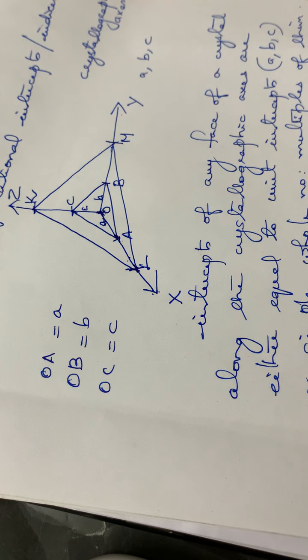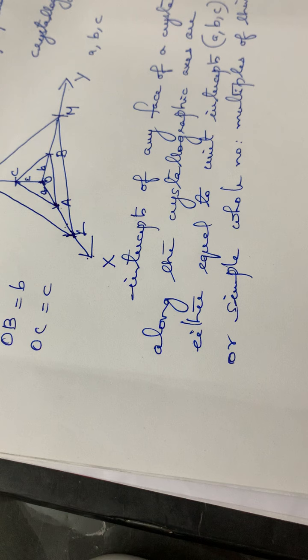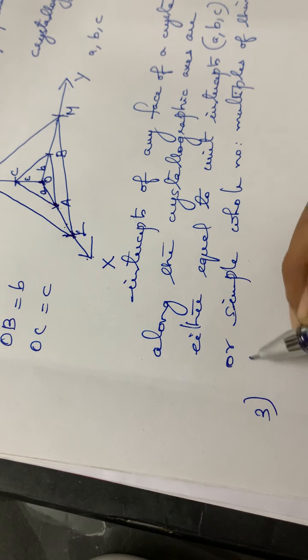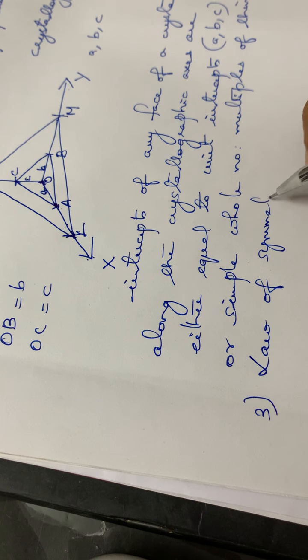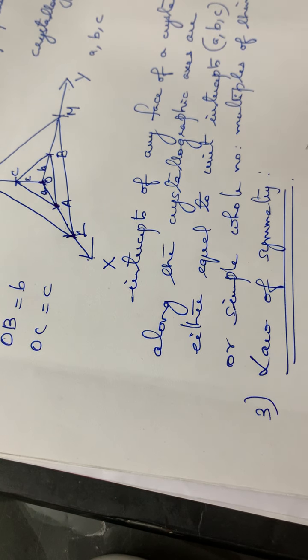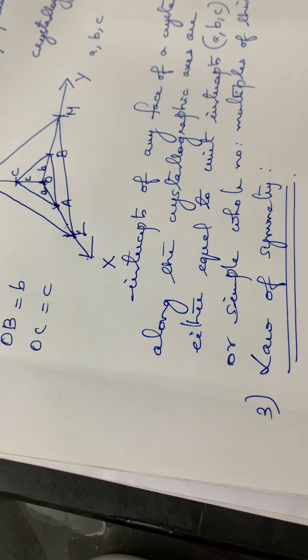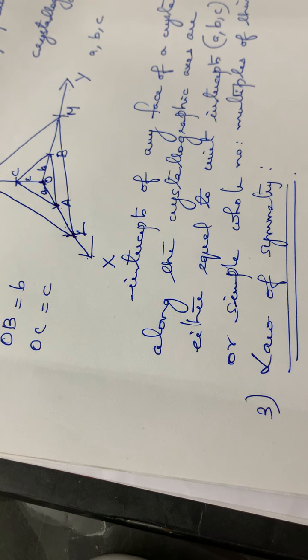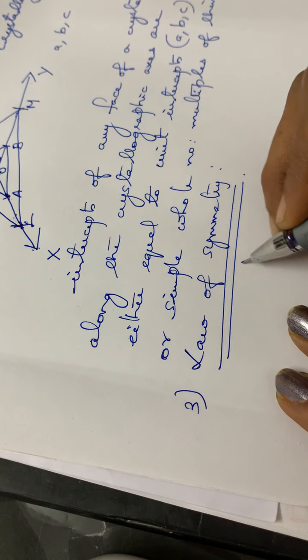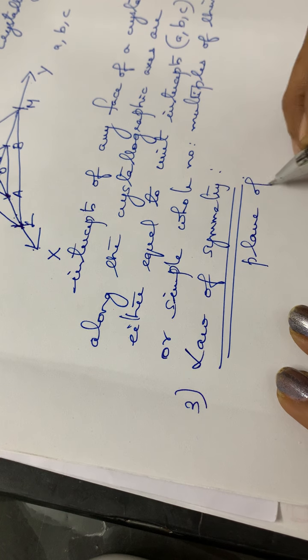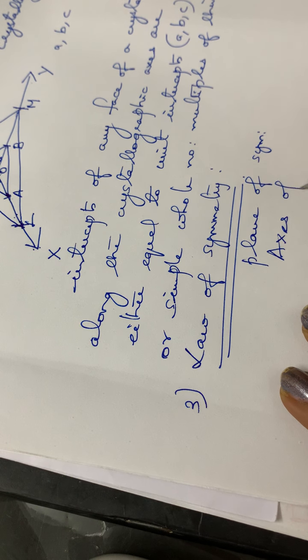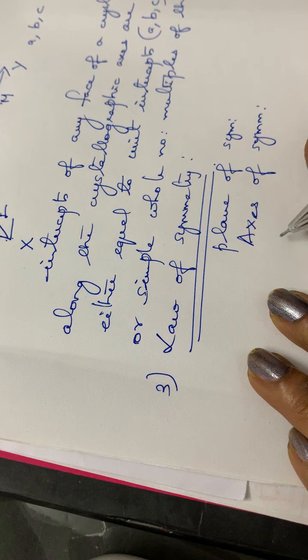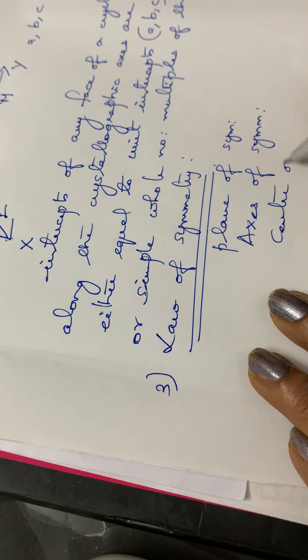And the next one, the third one, is the law of symmetry. The law of symmetry we have seen already, that is what are the symmetrical planes, or how a crystal can be divided. A plane of symmetry might be there, then an axis of symmetry will be there, and also there will be a center of symmetry for a crystal.